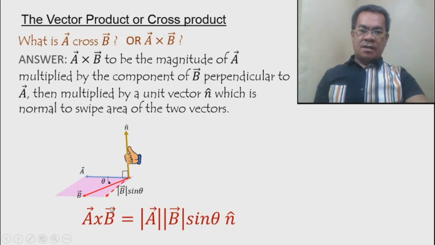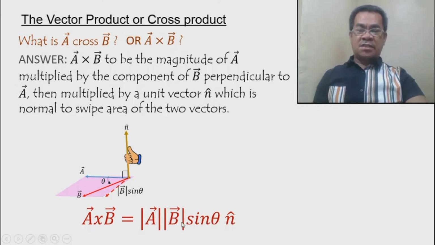The formula for the cross product actually contains three factors. A cross B means the magnitude of A times the magnitude of B multiplied by the sine function. Take note, sine, because we are concerned with the perpendicular. In scalar, we use cosine because cosine is adjacent. So therefore, it should be parallel.